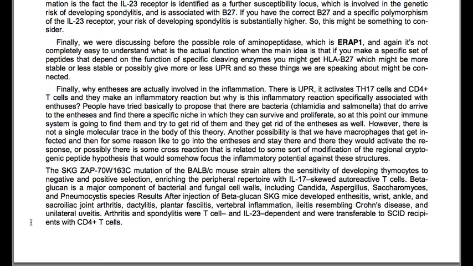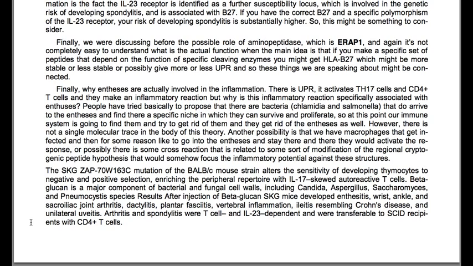The SKG ZAP70 W163C mutation of the BALB/c mouse strain alters the sensitivity of developing thymocytes to negative and positive selection, enriching the peripheral repertoire with IL-17 skewed autoreactive cells. Beta-glucan is a major component of bacterial and fungal cell walls, including Chlamydia, Aspergillus, Saccharomyces, and Pneumocystis species.